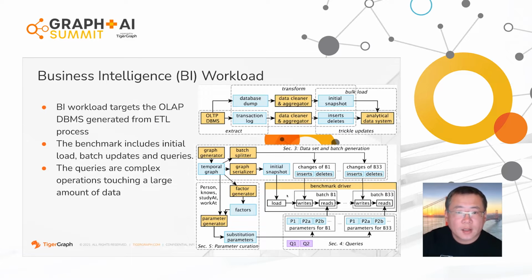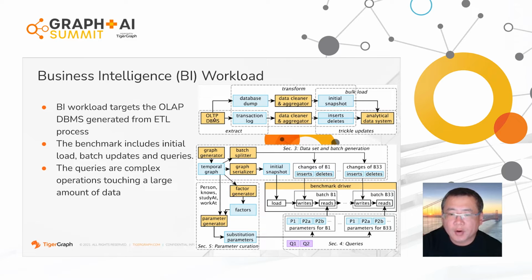Now let's take a closer look at the BI workload. As I said in the previous slides, the BI workload is designed to measure your database's capability to handle OLAP-style queries. It also simulates the real-life situation. On the top right of this slide, it shows how a real-life OLAP system is set up.